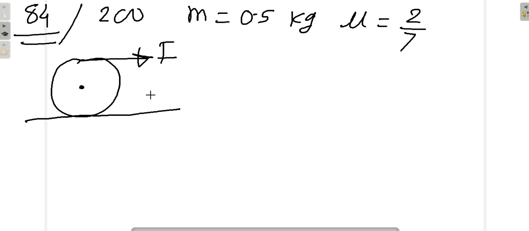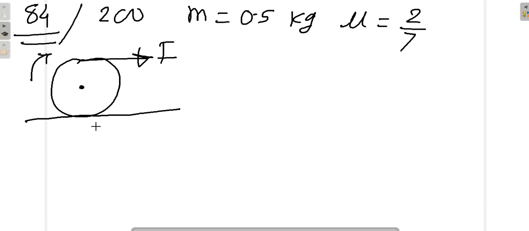Now here it may be difficult to find the direction of frictional force, but please note we want to increase the value of V. At the same time we want to increase the value of omega.